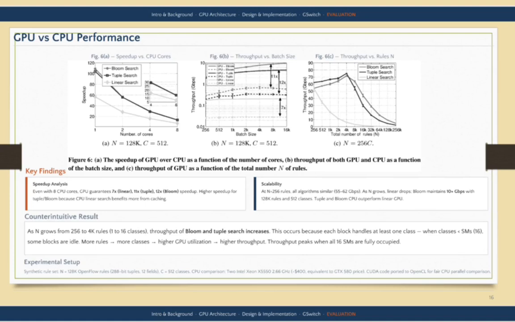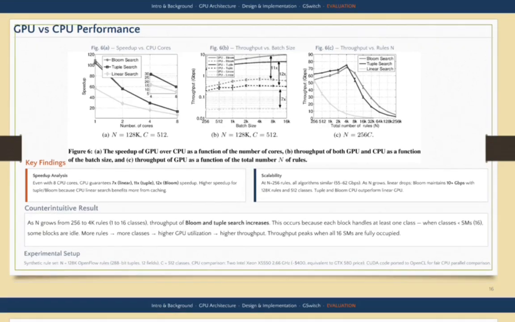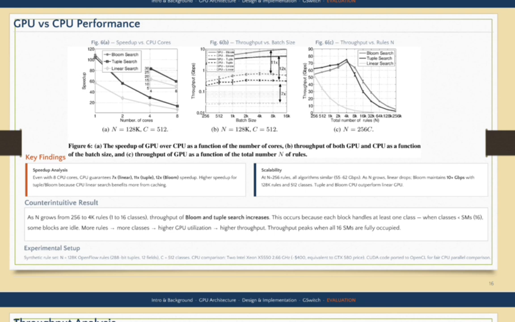The experiments also show that Bloom search scales well as the number of rules increases, maintaining higher throughput even with large rule sets. Overall, the GPU provides better scalability and much higher packet classification performance than the CPU.